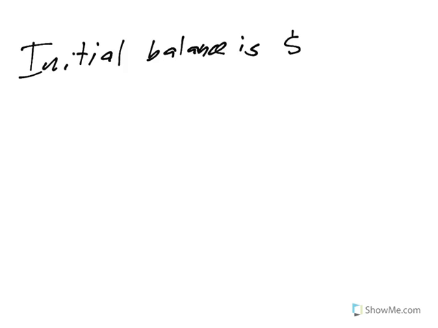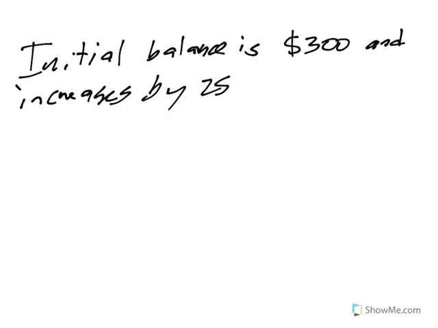But let's go one step further. Let's say you have some other account where the initial balance is $300, and you know that it increases by 25% every 2 years.